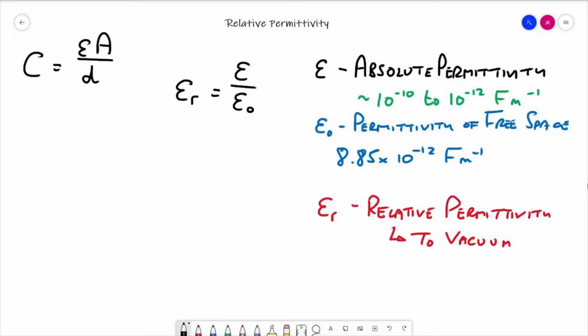Now, from a units point of view, we can already see that absolute permittivity has a unit of farads per metre. Permittivity of free space has a unit of farads per metre. And what that means is that the relative permittivity is dimensionless.